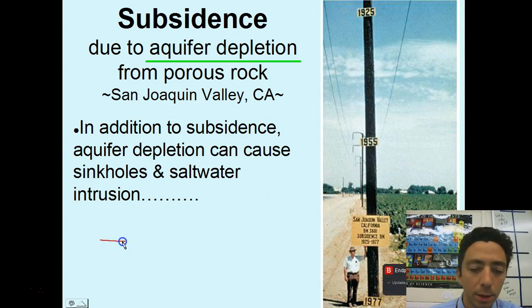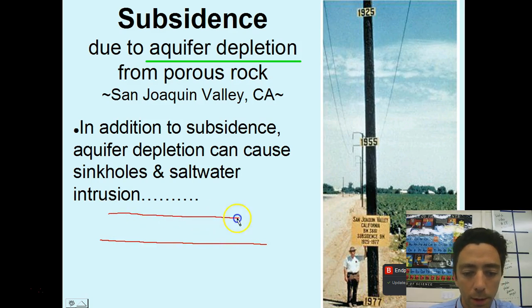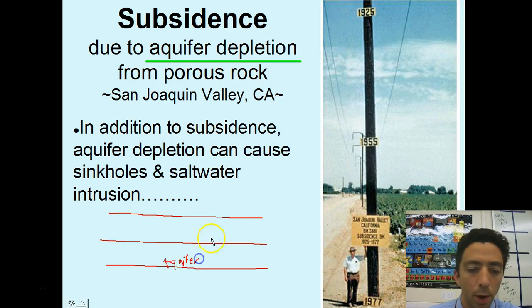This happens when you deplete an aquifer. So if we picture this land, this would be our aquifer down here, and above it we would have rocks or bedrock. And what happens is, as the rock pushes down, the aquifer is going to push back up. And so this hydrostatic pressure keeps things pretty equal.